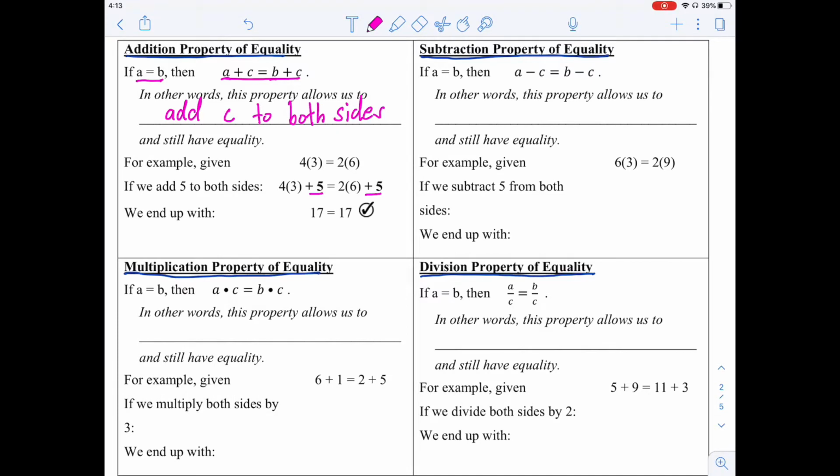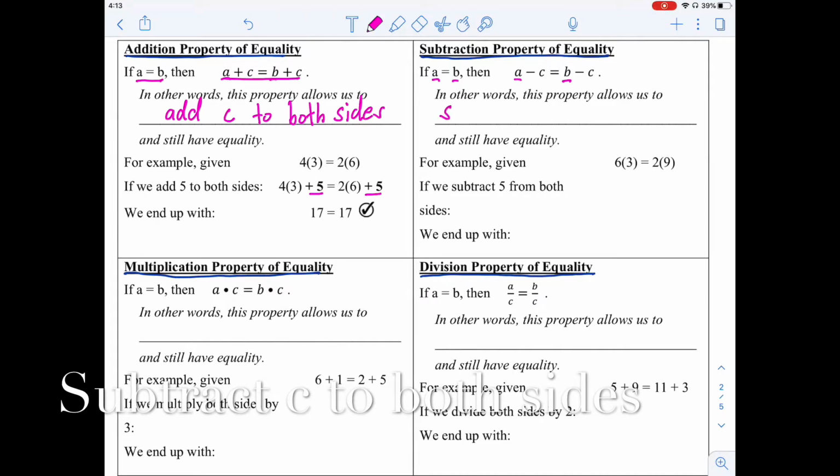The subtraction property of equality. So same again, A equals B. And all we're going to do is subtract C from both sides. So in other words, this property allows us to subtract C from both sides and still have equality. For example, given 6 times 3 equals 2 times 9, right?